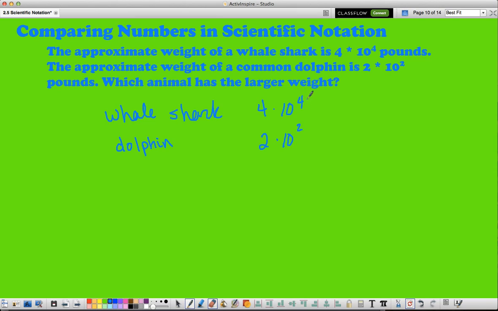Well, the first thing you need to look at is your power of 10. Since the whale shark has a greater power of 10, this is going to be your larger number, because this is going to extend out further. So the larger the power of 10, the larger the number.